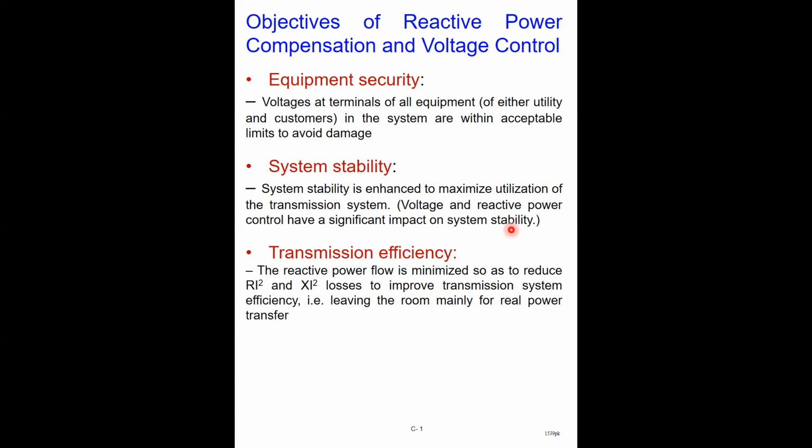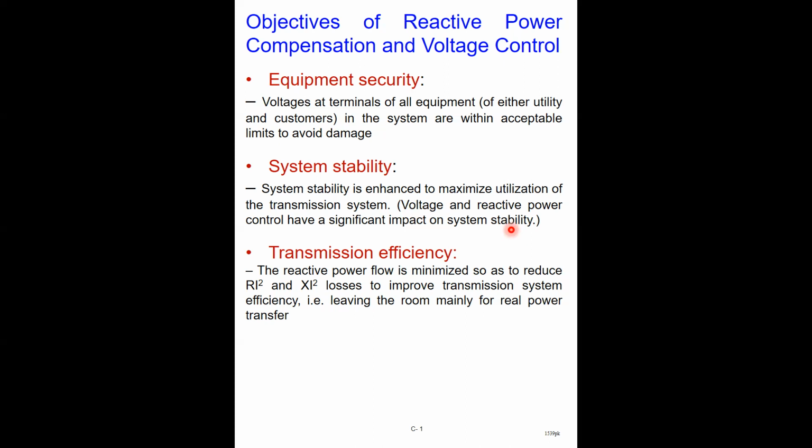If you remember, in the beginning of the lecture, we discussed the classification of power system stability, based on the variable to which the stability is associated.